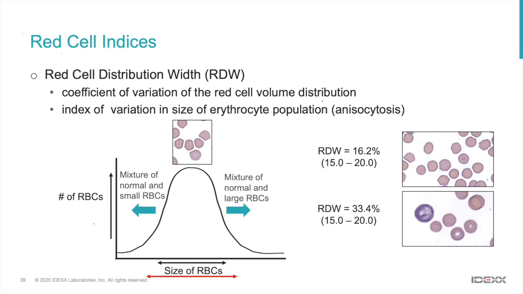Regardless of the types of changes in sizes we have in a sample, that distribution width will be greater than normal, and that's what may be presented to you as an increased RDW. When you see an increased RDW, I can almost guarantee you that there will be morphologic abnormalities in the blood film, and it tells you you must look at a blood film.